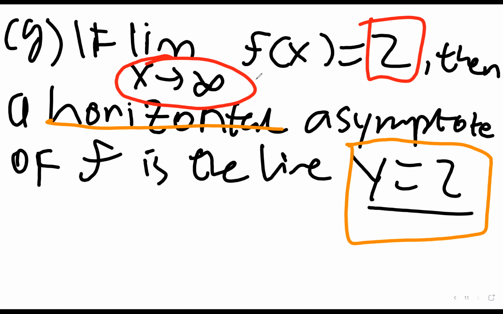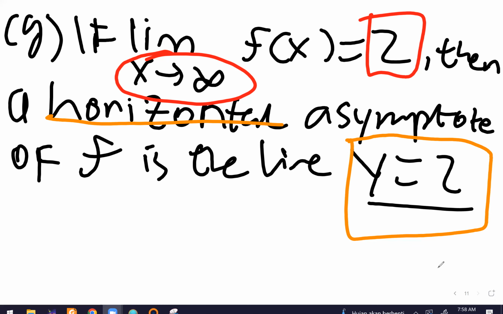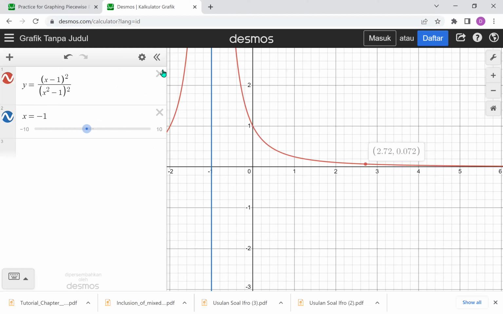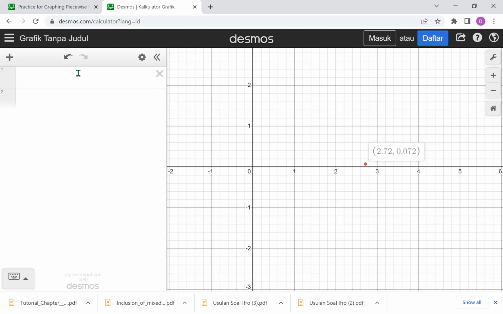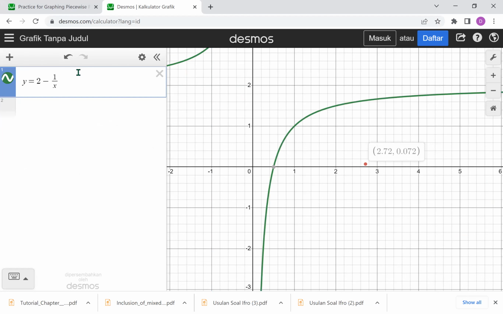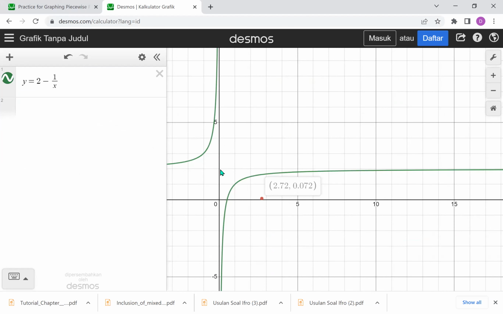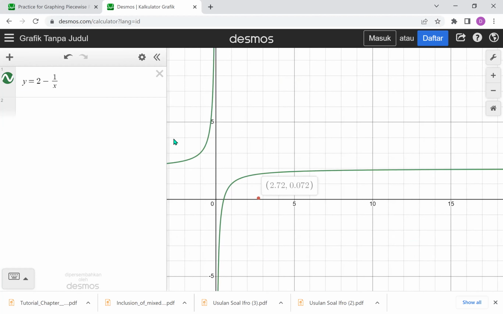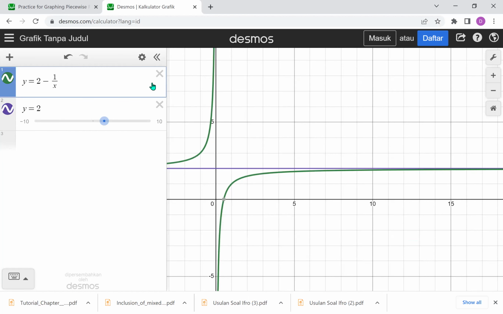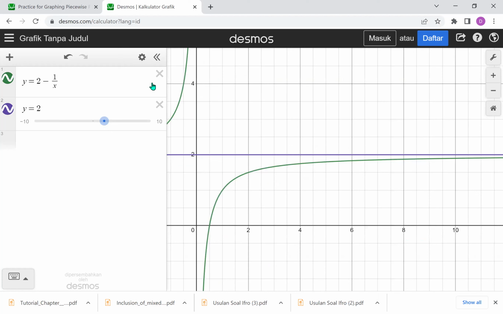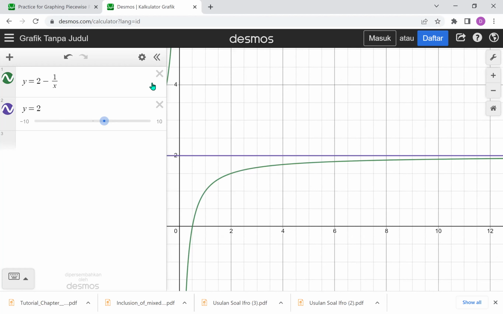So actually, you can take a look at the graph of the function here. Let's say I consider the horizontal asymptote here, y equals 2 minus 1 over x. If I take the limit as x tends to infinity of this, then I will have y equals 2 as the horizontal asymptote.